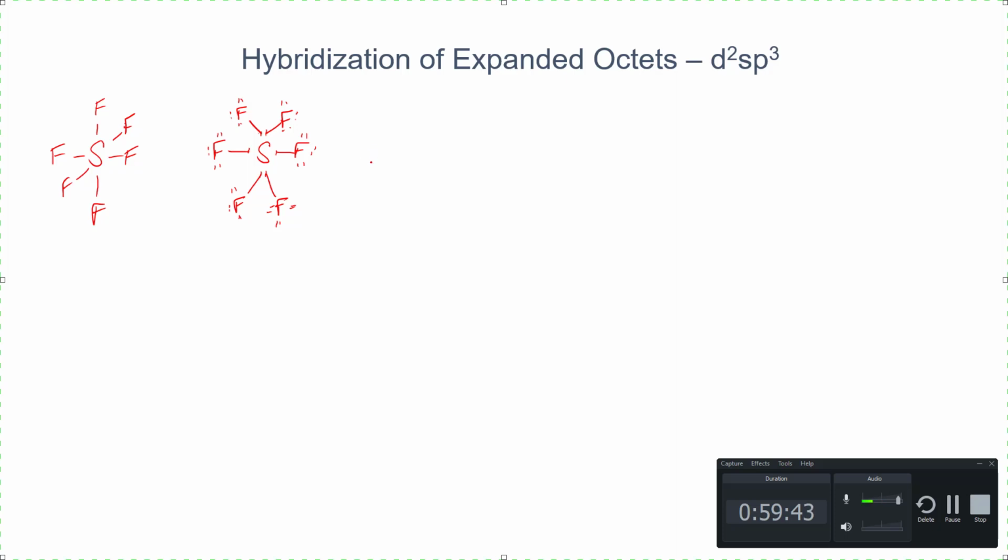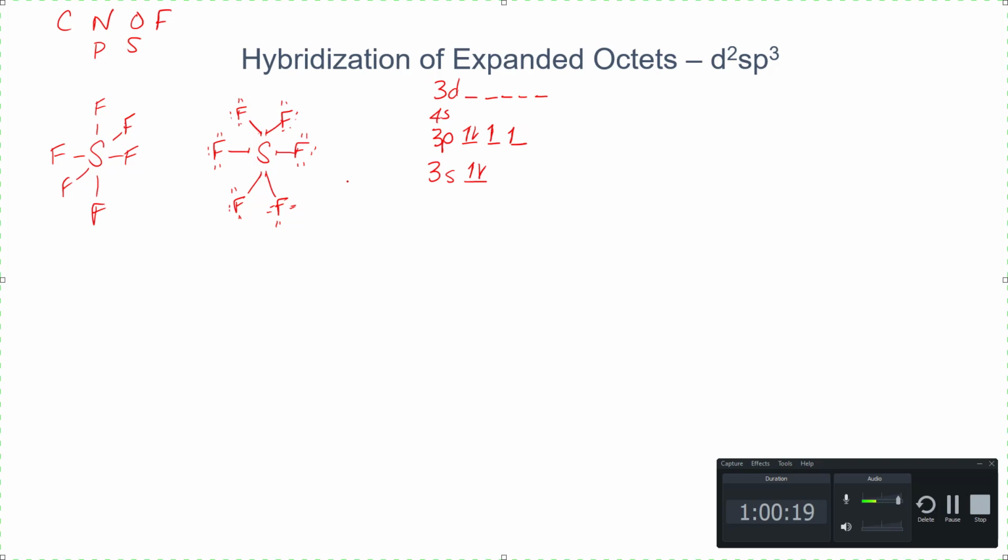What's it look like in the orbital picture? Sulfur is row 3. Again, CNOFPS. So sulfur has the 3s, the 3p. So it looks like that. Again, skipping over the 4s into the 3d.